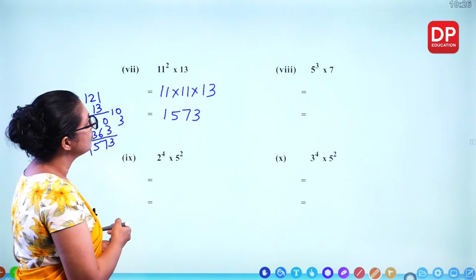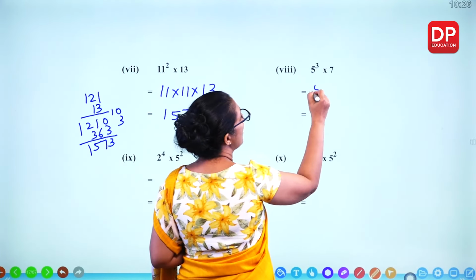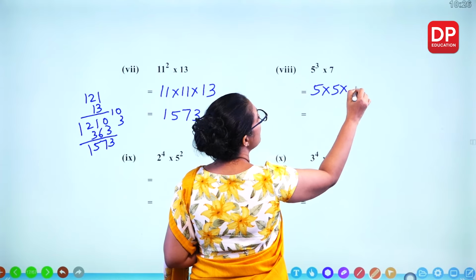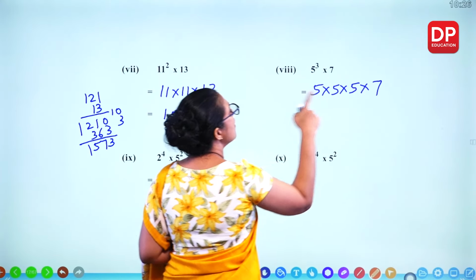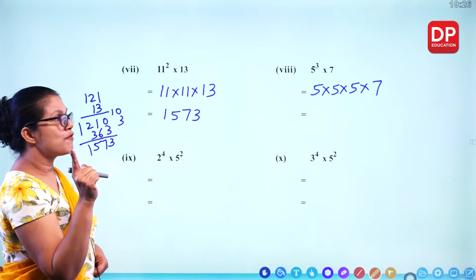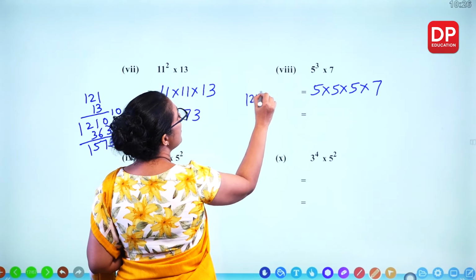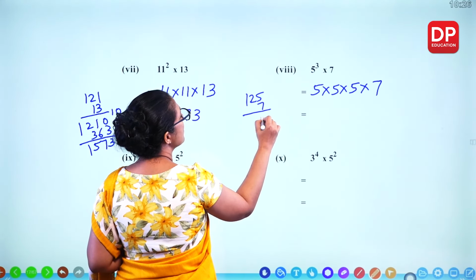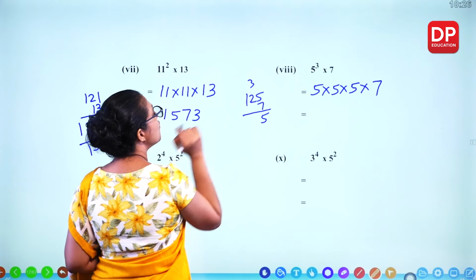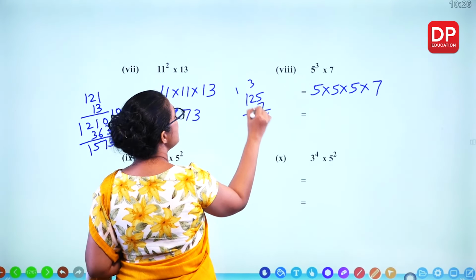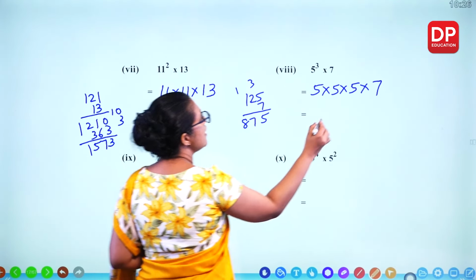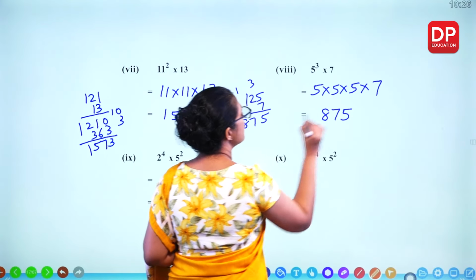This one. 5 to the power 3. 5 times 5 times 5 into 7. 5 times 5, 25. 25 times 5, 125. 125 multiplied by 7. 35. 14 plus 3, 17. 7 plus 1, 8. So 875.